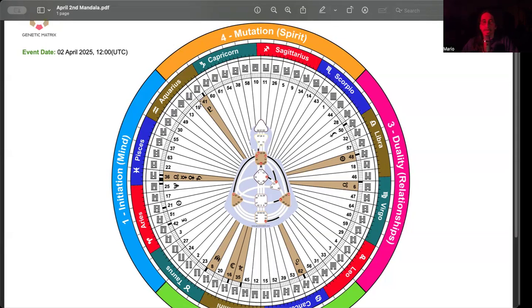The sun has about 5.5 days in a particular gate, and 5 gates make up a sign. So Aquarius, for example, is going to have gates 41, 19, 13, 49, and 30.